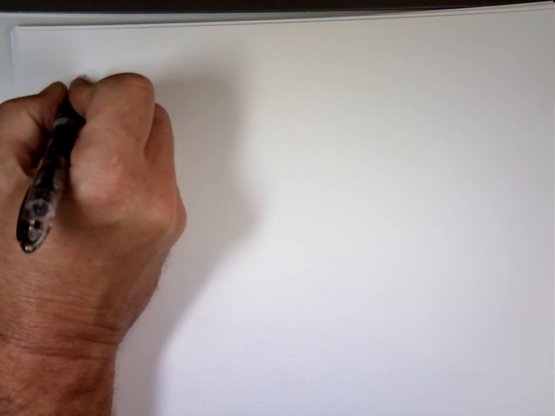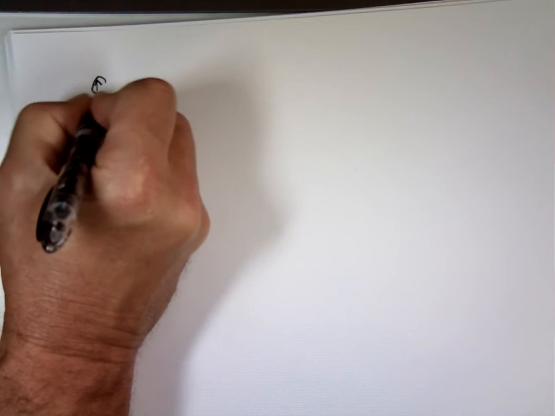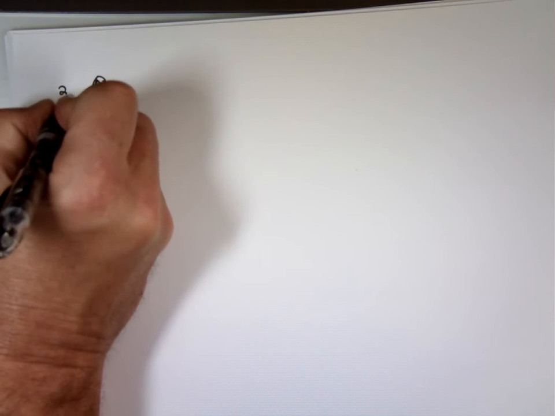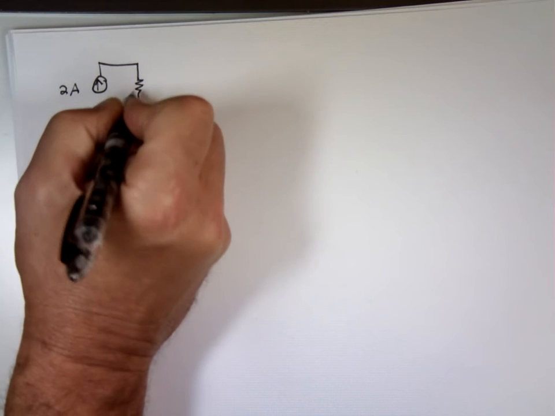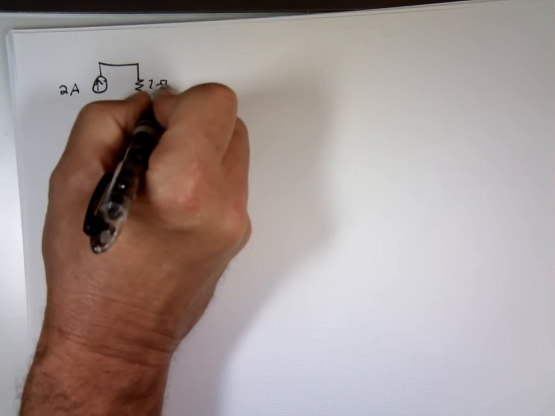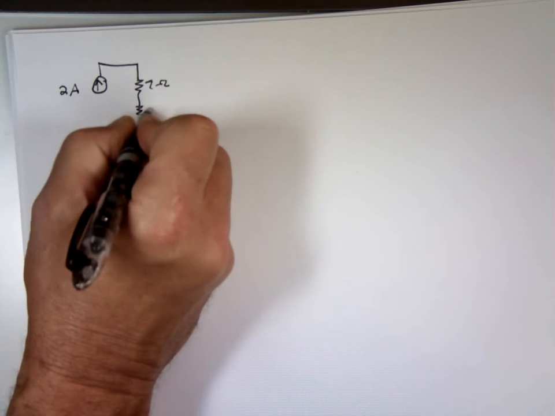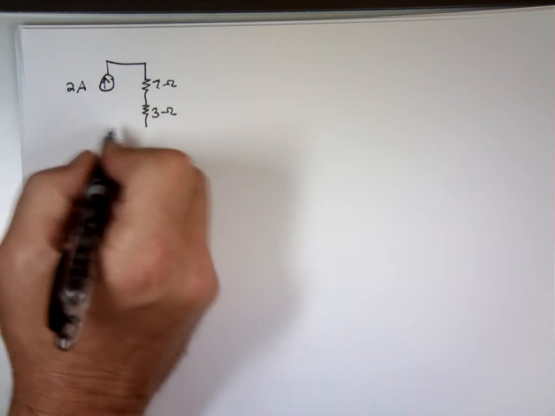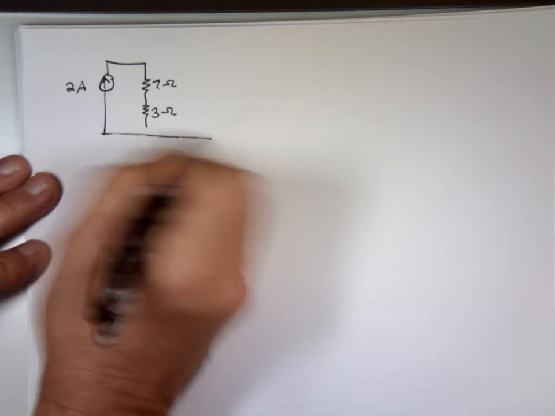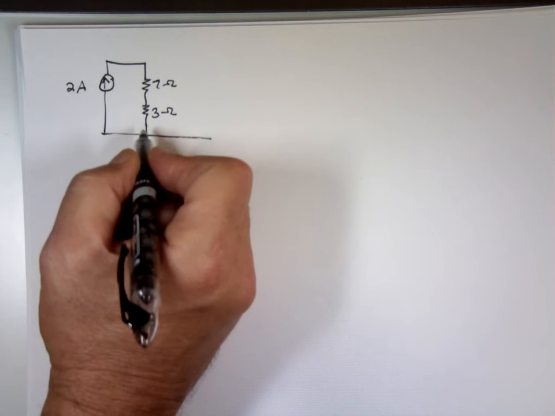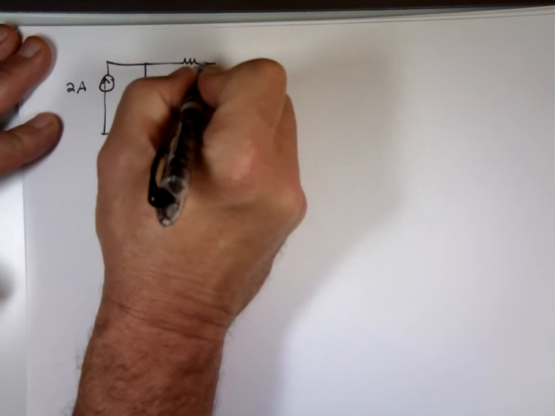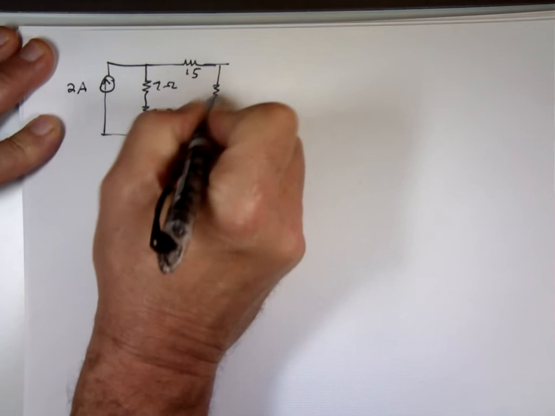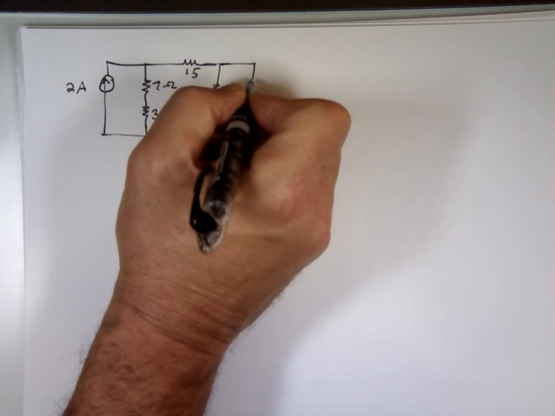Let's take this problem. This is 2 amp. 7 ohm, 7, and 3 ohm. $15, 5, and this is 4 amps.